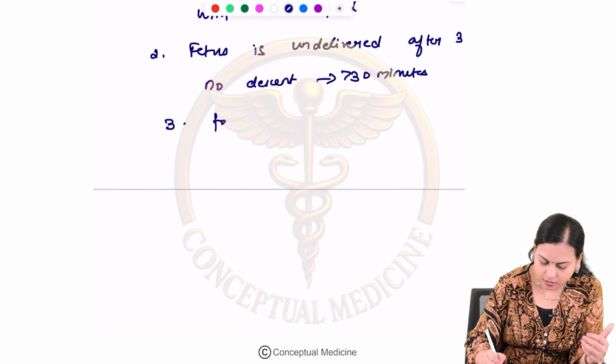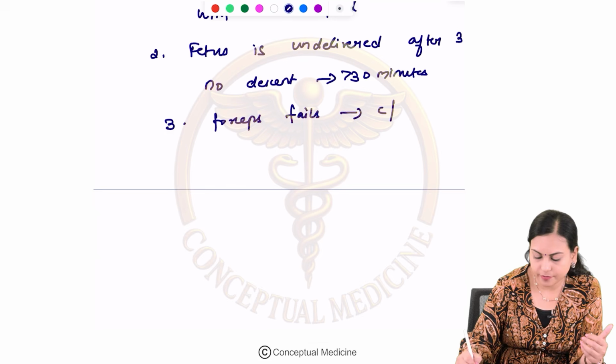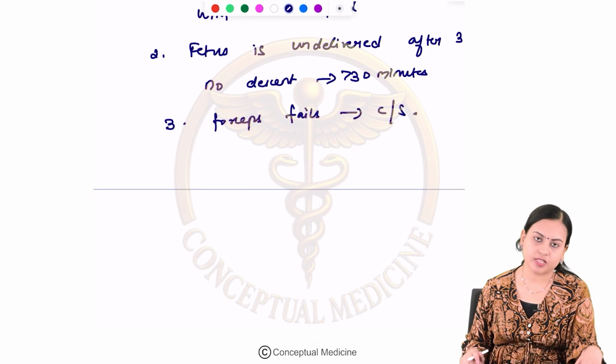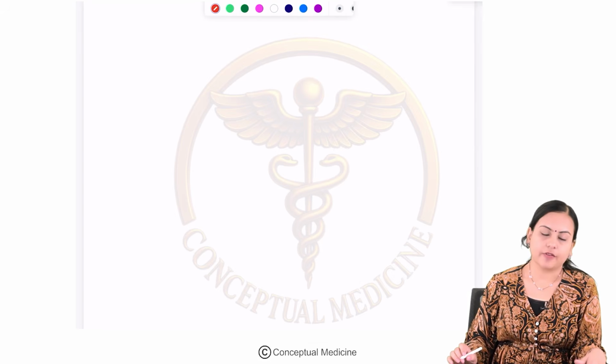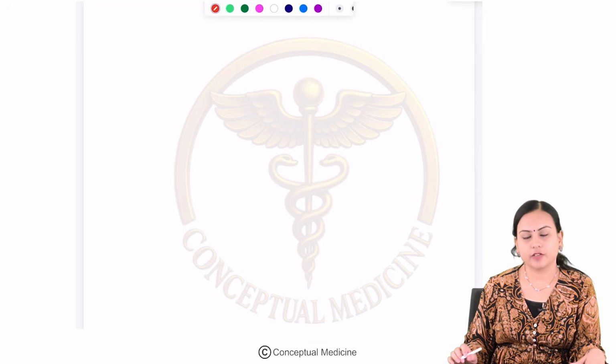And forceps fails means what do you have to do? You have to go for a cesarean section. Is that clear? Right. Now, we will start with vacuum extraction or venous delivery.